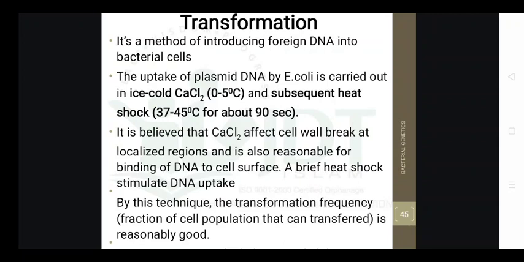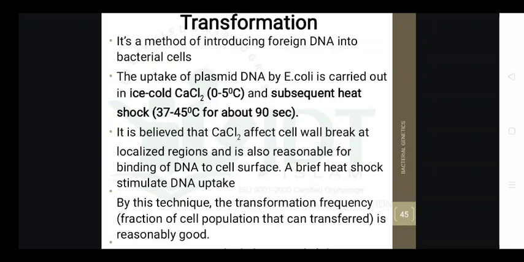So in order to perform the transformation in laboratory, we can follow this step, that is uptake of plasmid DNA by E. coli is carried out by ice cold calcium chloride 0 to 5 degrees Celsius and subsequent heat shock 37 to 45 degrees Celsius about 90 seconds.